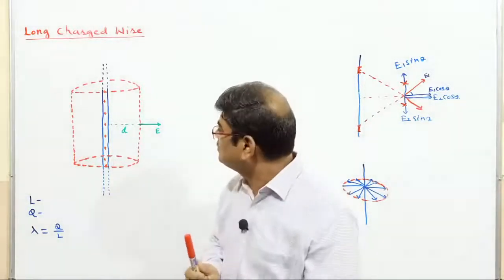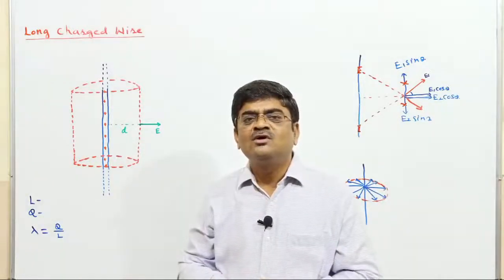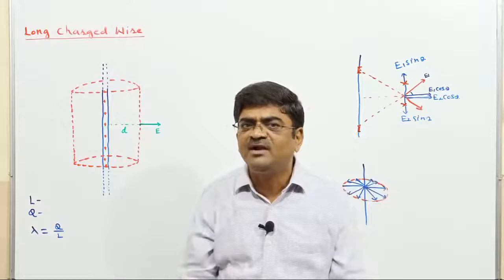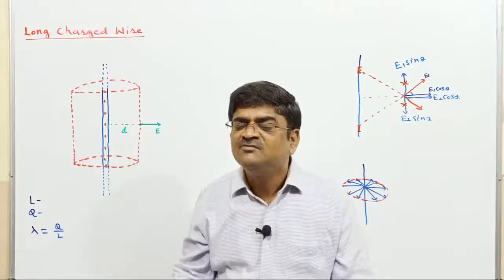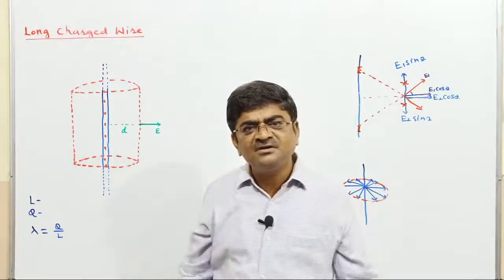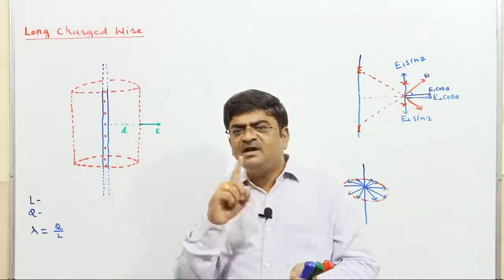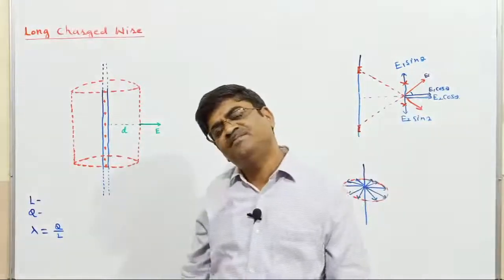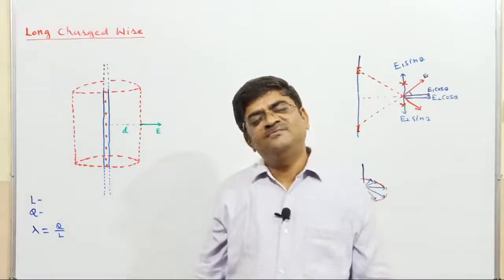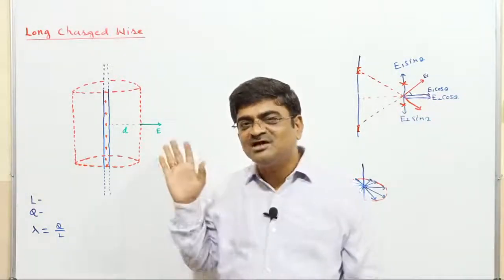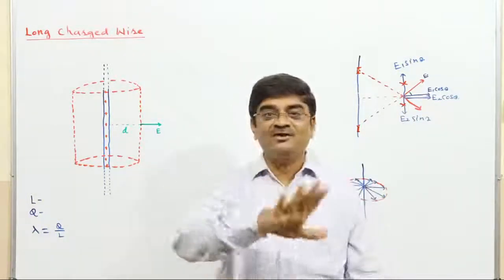To do that, what I need to do? The whole curved surface I need to divide into elementary portions, because the field is non-uniform and the direction is different. After dividing the whole curved surface into elementary portions, I will have to focus on one small portion surrounding the point of my interest.